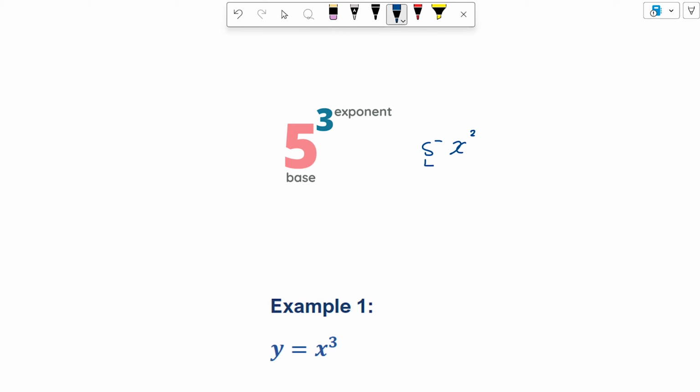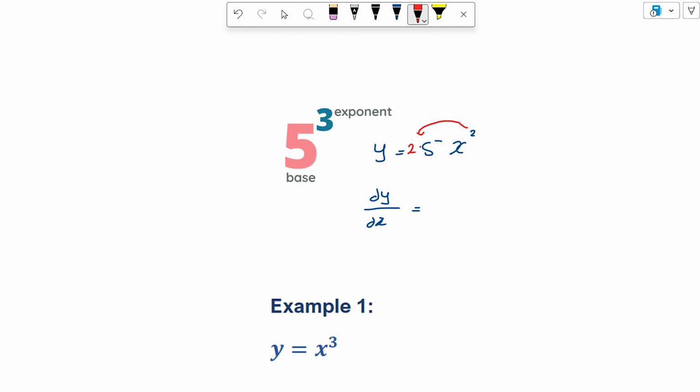Now let's differentiate this as our starting point to understanding how to work through this chapter. So I'm just going to have an equation. y is equal to 5x raised to the square. Now let's find the dy over dx. How do we do this? Well, differentiation is done by bringing down the exponent and multiplying it with the coefficient, which is 5.